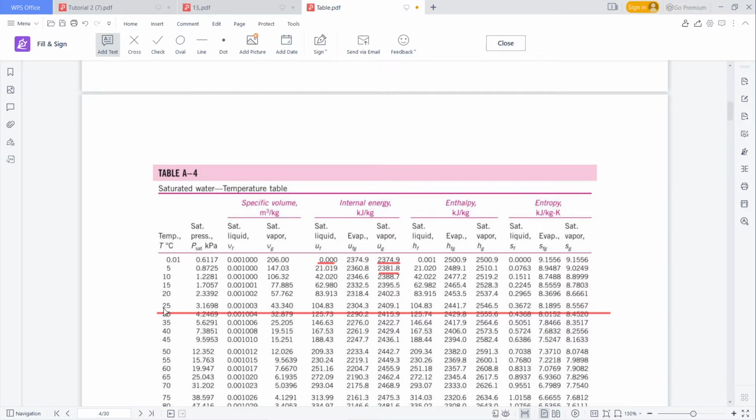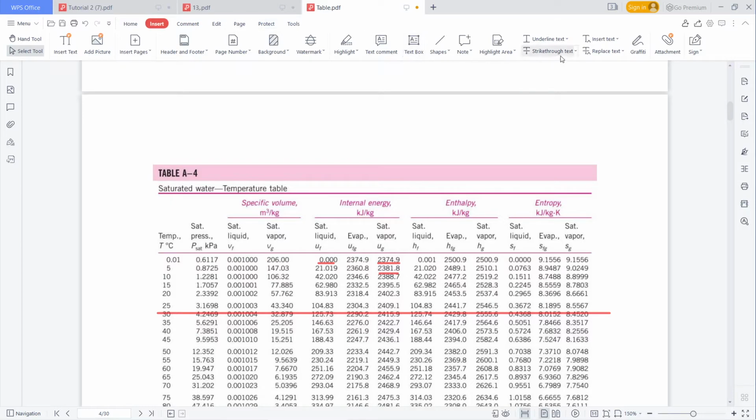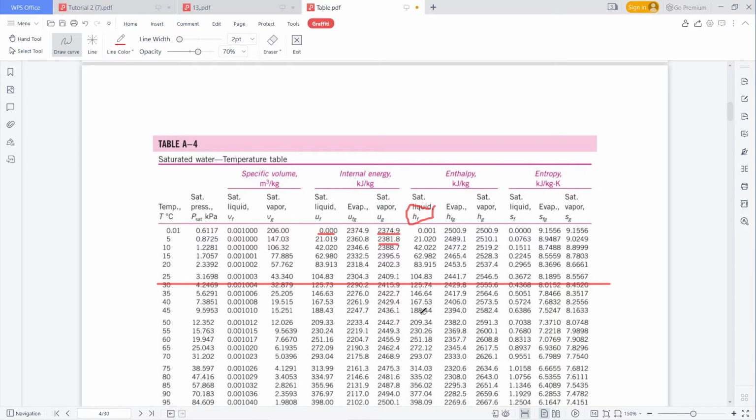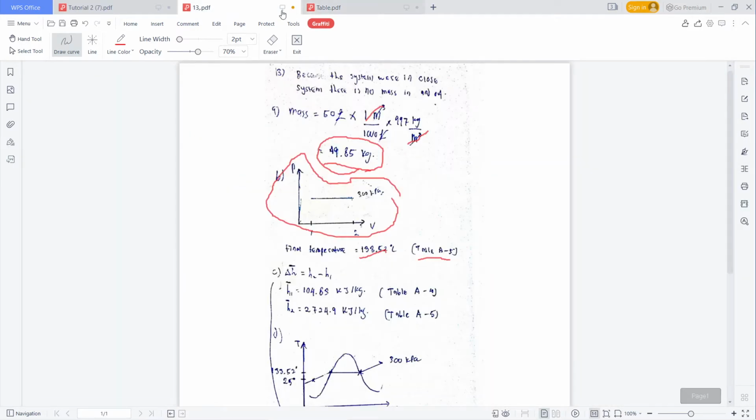Just simply go to the 25 row, refer to the enthalpy area. You will have HF, HFG, and HG. We need to take the value of HF because the water is compressed liquid. So it is just logical to say we need to refer to HF. So at the initial condition, enthalpy is 104.83 kilojoule per kg.